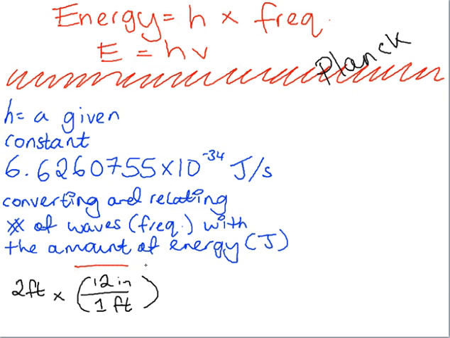It's kind of the same thing here. He came up with this constant so that if we had a certain amount of frequency, he used this constant to convert it to how much energy that amount of frequency actually is. So he used that to explain something.